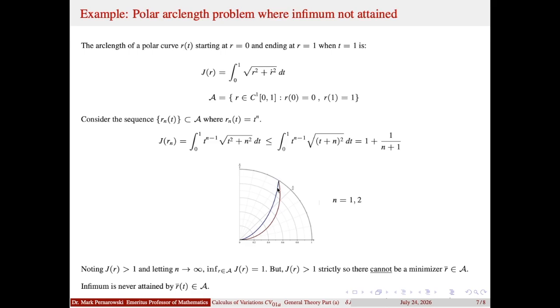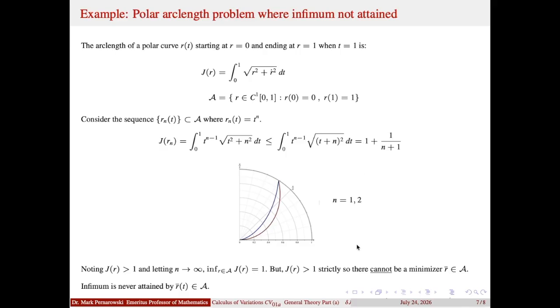What that means is that the length of each and every one of these curves has got to be strictly bigger than 1. So J evaluated at any r in A is going to be strictly bigger than 1. But here I've got a sequence of them that approaches 1.